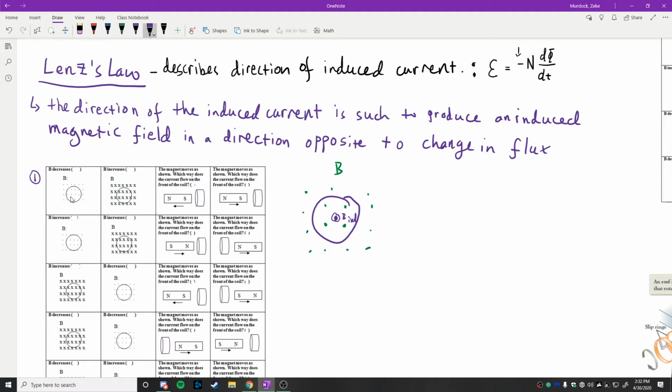I don't know if that makes any sense. If the magnetic field increases, so this is number 2 right here. This is number 1. Number 2, you have the exact same situation, but instead, here, we'll just copy this and erase one thing.